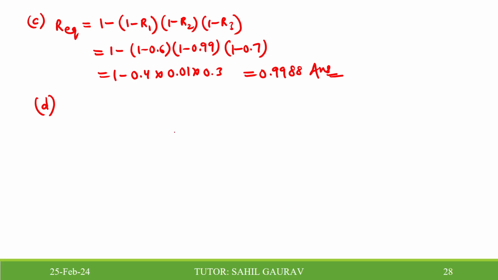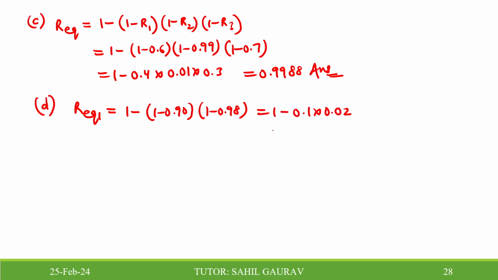For the parallel combination, R equivalent 1 will be 1 minus (1 minus 0.90) into (1 minus 0.98). So it will be 1 minus 0.1 into 0.02, which is 1 minus 0.002, so 0.998.